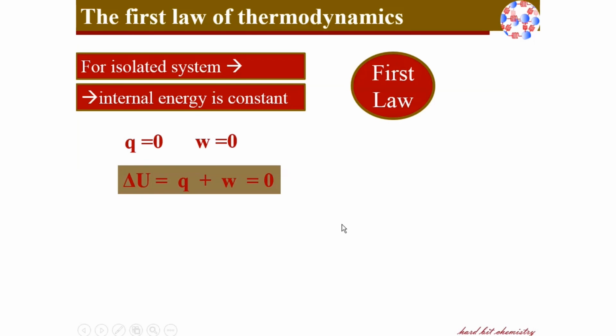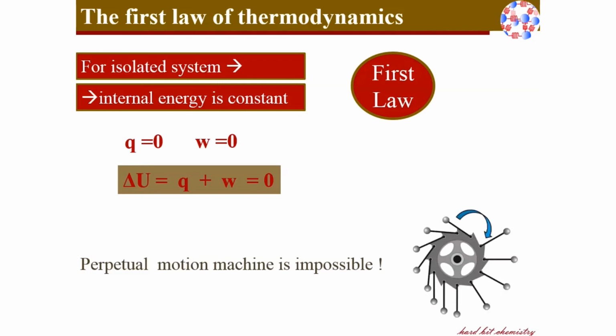And this first law can be demonstrated by considering a perpetual motion machine. We know what a perpetual motion machine is: a machine which does not need additional energy input from the surroundings. It works for an infinite duration with just the very initial supply of energy. It continues to rotate, it continues to work.